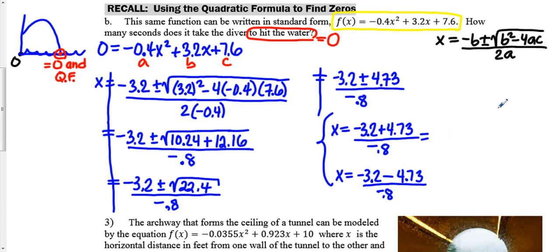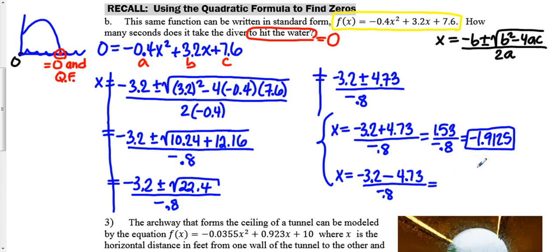Careful with this, let's do it in pieces. So negative 3.2 plus 4.73 is 1.53, divided by a negative 0.8. I get negative 1.9125 as one of my answers.